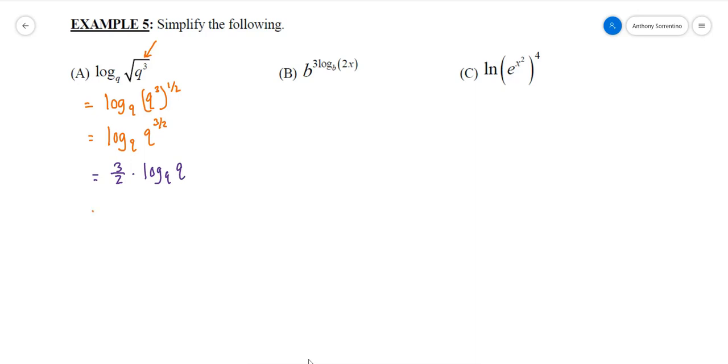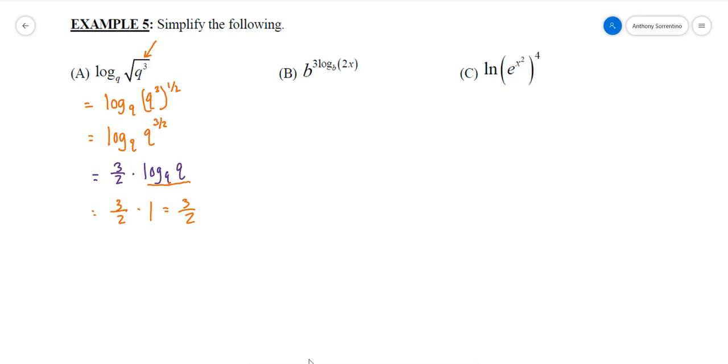And if you think about it, if I'm looking at this statement and ask, what power of q gives me q? Well, the first power of q gives me q, so technically that's times 1, which equals the 3/2. So that's more of an explanation as to why the cancellation does work. It's ultimately because of that power property that you can do that.